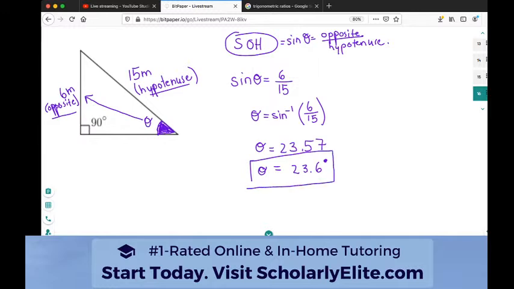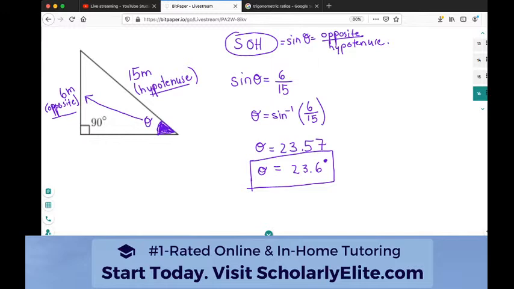Okay, you guys? If anyone is confused, feel free to drop a question in the chat. But again, if you're writing this down right now, I want to reiterate that the way you access sine to the -1 on your calculator is by finding where your sine button is. Don't press it yet though. First, press shift and then sine, and you'll get sine to the -1 on your screen.